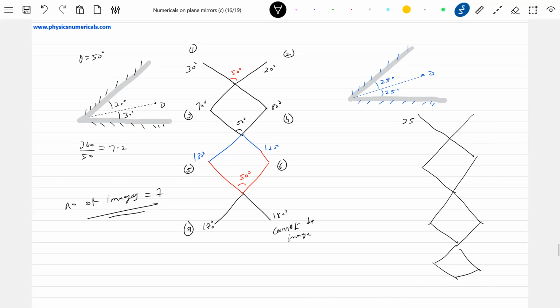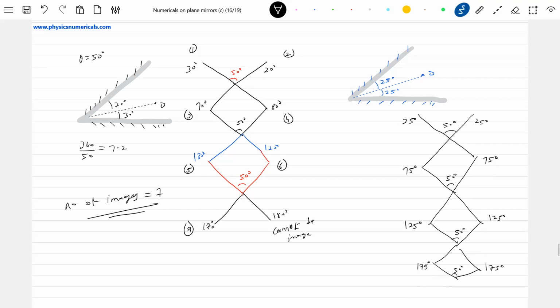I'll start with 25. The angle between the mirrors is 50. This will be 75 degrees. Again 50 degrees. This will be 125. 50 degrees, so this will be 175. This is 50. 175 plus 50. I think I have to stop here only. So count the number of images.